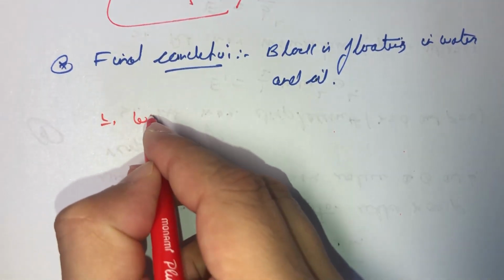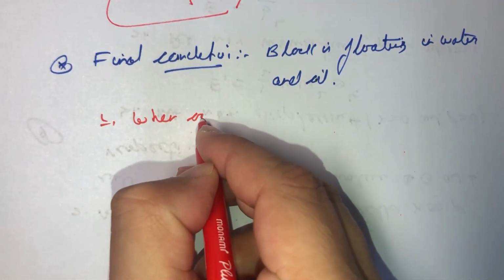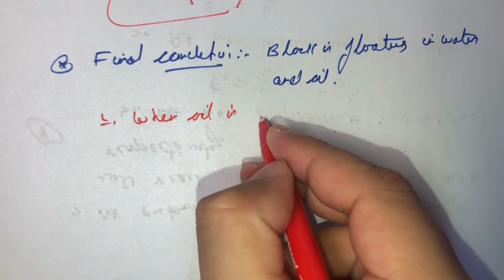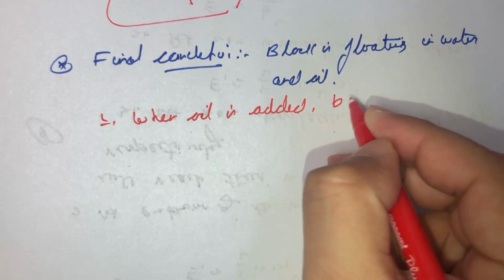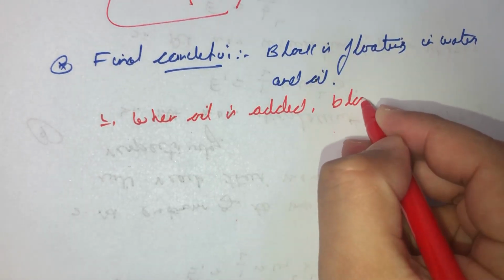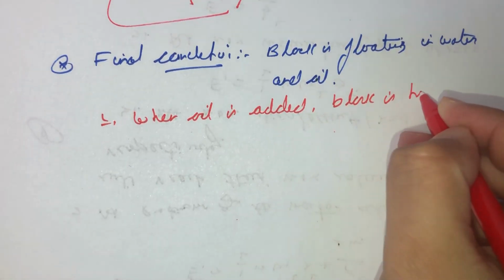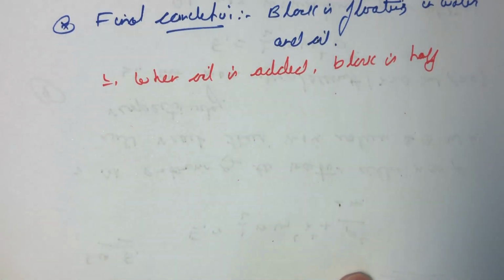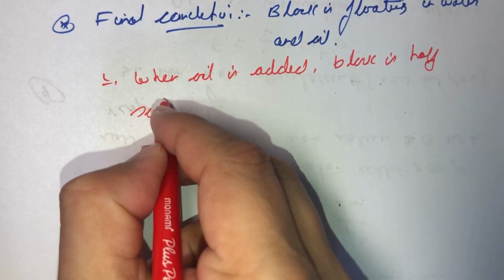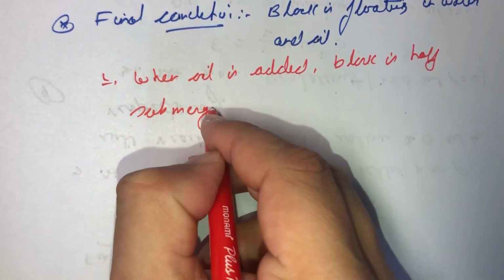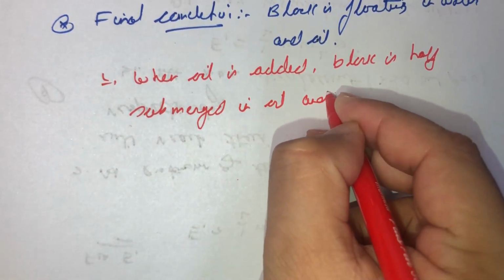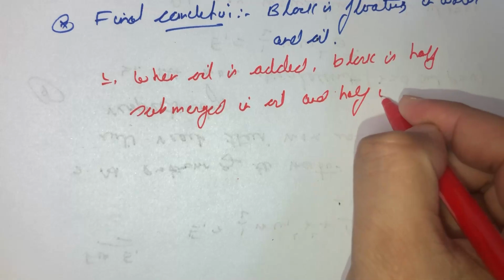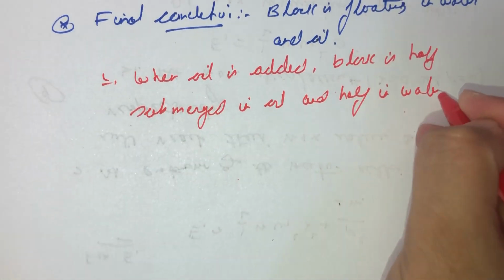So you can see when oil is added, the block is half submerged in oil and half in water.